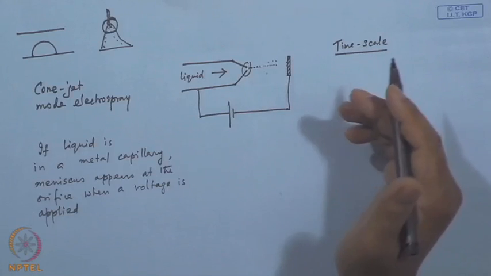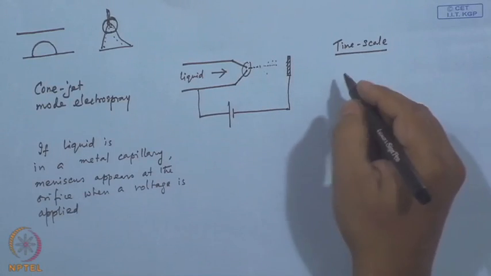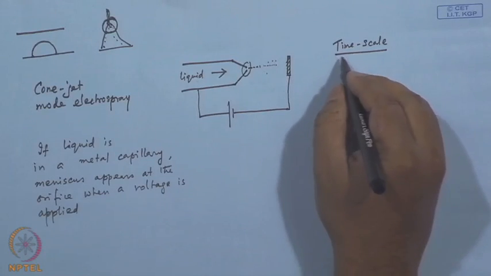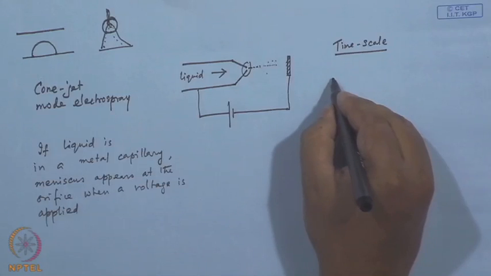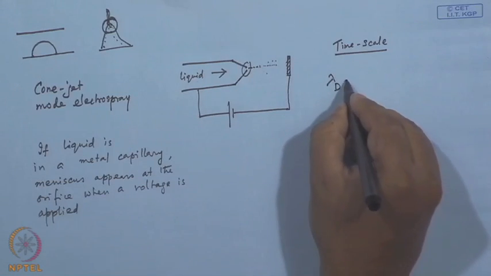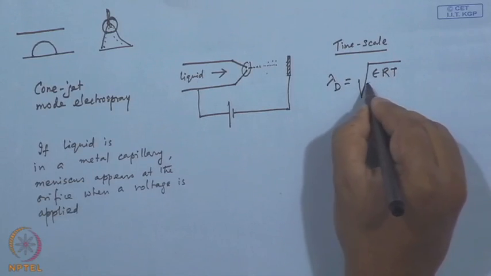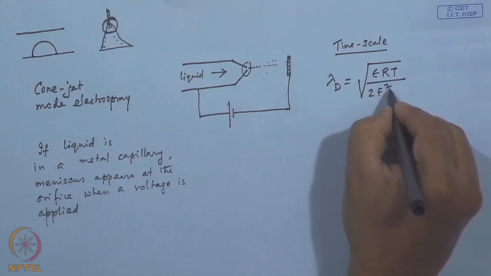Now, if we look at this relaxation time further, this electric double layer, I think by now you all know, has something called a Debye length, given by lambda_D equal to the square root of epsilon_r T divided by 2 F squared z prime squared c infinity.